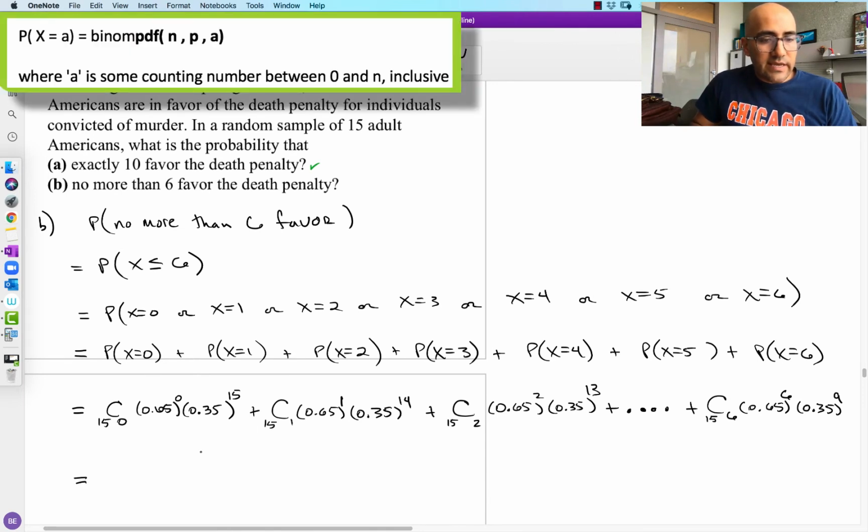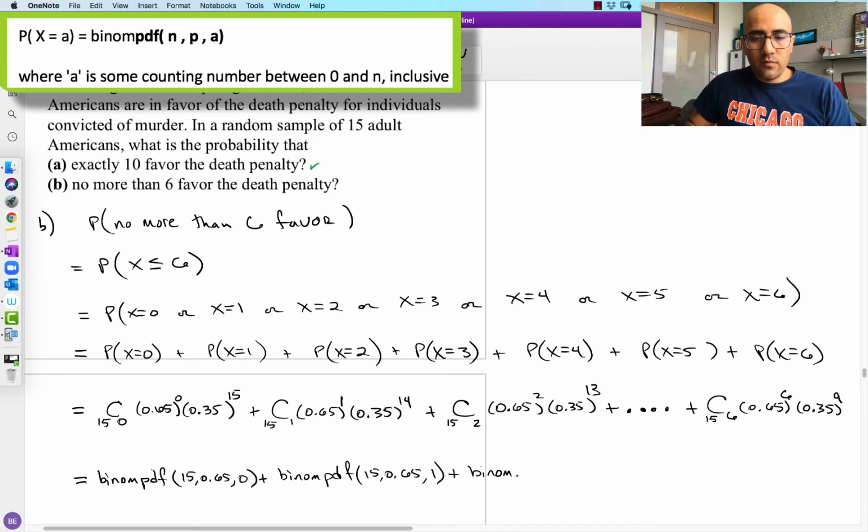Right, so this is the same thing as saying, instead of typing all this into my calculator, I can just put binom PDF of 15 comma 0.65 comma 0, and that takes care of that one, plus binom PDF of 15 comma 0.65 comma 1, that takes care of this one, plus binom PDF of 15 comma 0.65 comma 2, that takes care of that one.